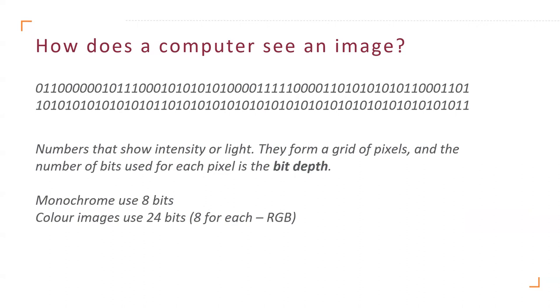A bit depth is nothing but the number of bits used to represent one pixel. For example, a monochrome or grayscale image only uses 8 bits because it's just different shades of gray, 256 shades of gray. Now, colored images are 24 bits because a colored image is stored as RGB, red, green, and blue, and each color uses 8 bits.